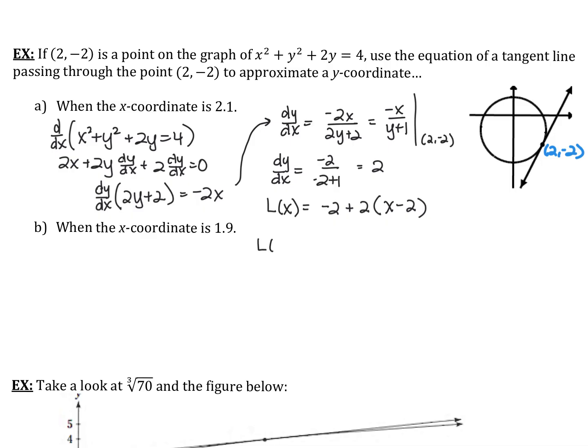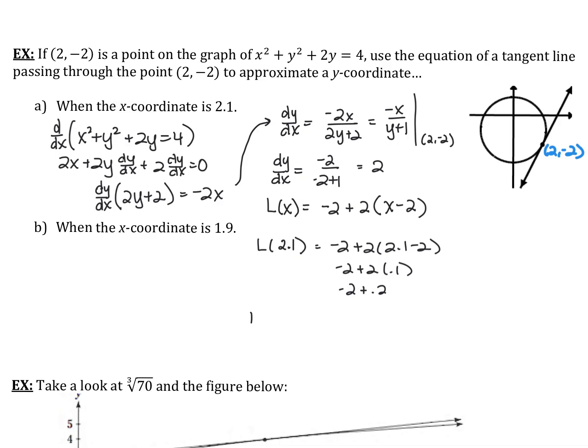I would say I want to do L of the linear approximation of 2.1, which means it'd be negative 2 plus 2 times (2.1 minus 2). So this would give me negative 2 plus 2 times 0.1, which is going to give me negative 2 plus 0.2, which gives me negative 1.8.